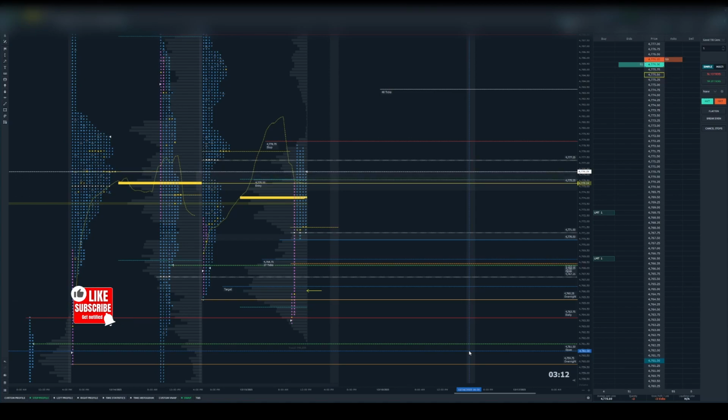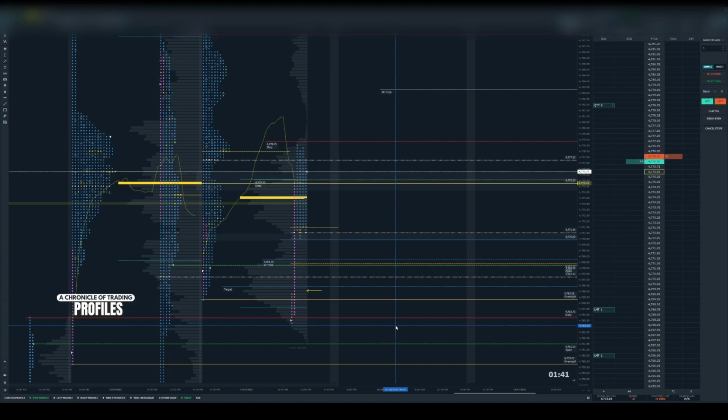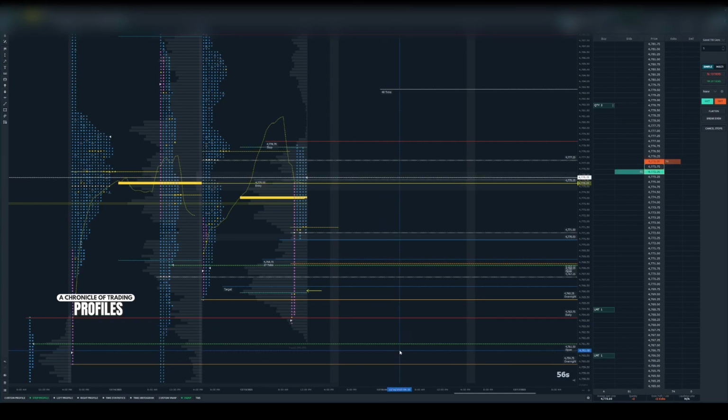Okay, so here's where it's moving up into that upper node. It should reject out of here if it's going to work. Obviously, if it doesn't work, it's going to break those highs. So you can see how it's kind of rejecting it out of there.